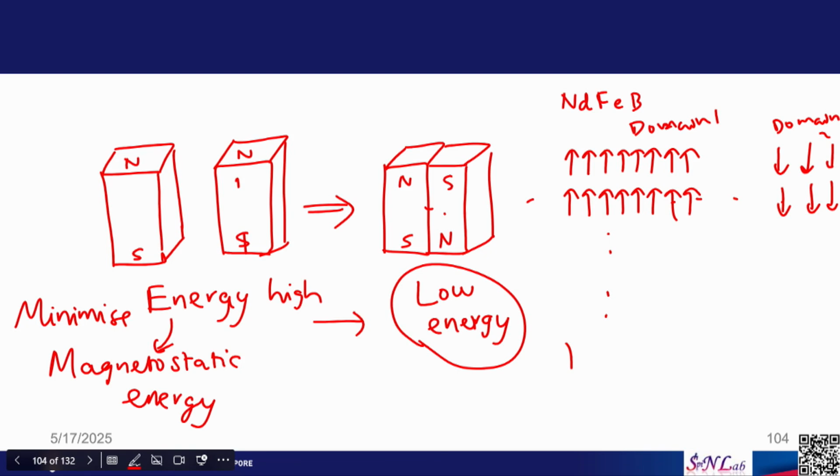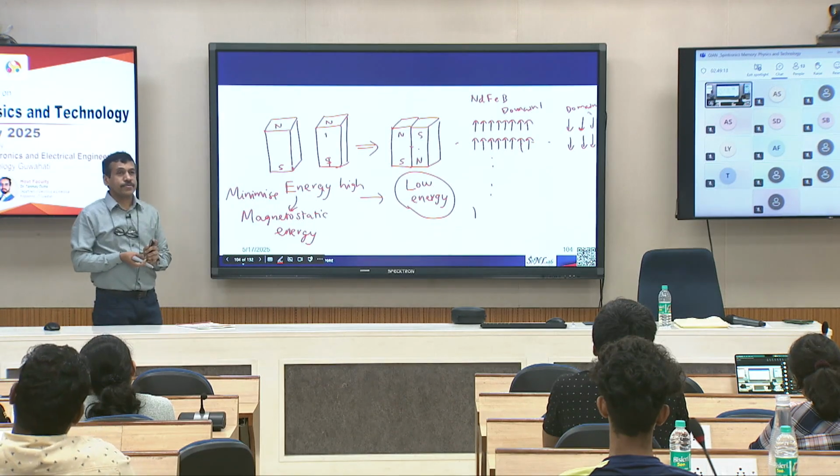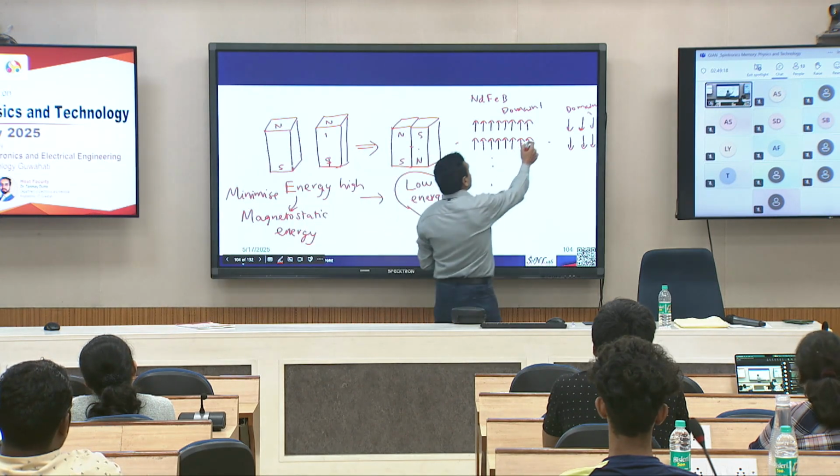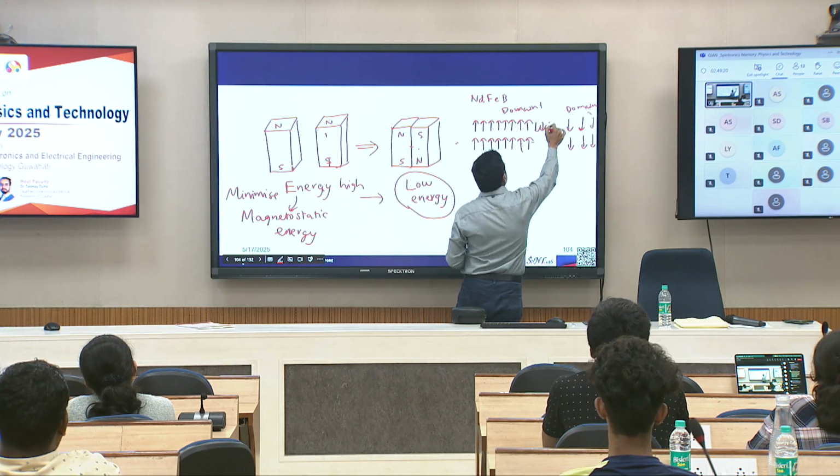Here I draw 2 domains with some space intentionally. Why? Why didn't I draw it like this?